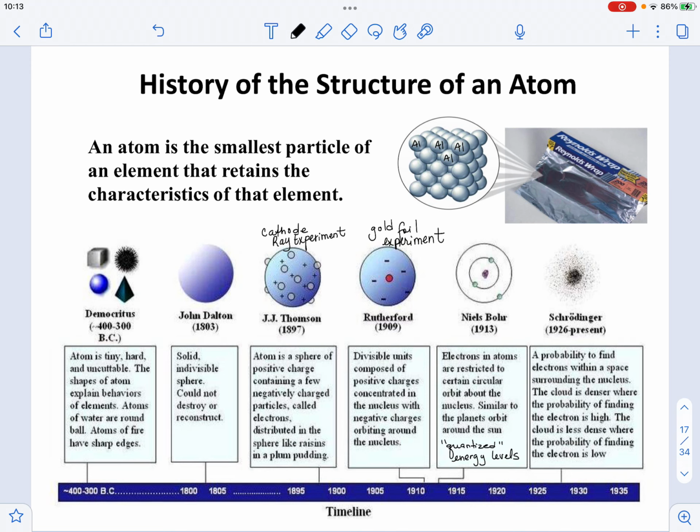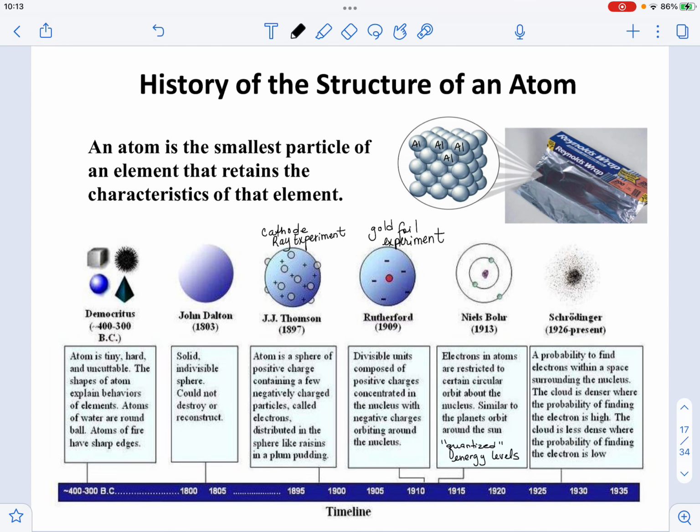Now, he utilized the idea of quantized energy levels first proposed by Bohr, which is what we now know as periods. But the most important thing about Schrödinger is that these probability maps give you the location of electrons to a 90% certainty.